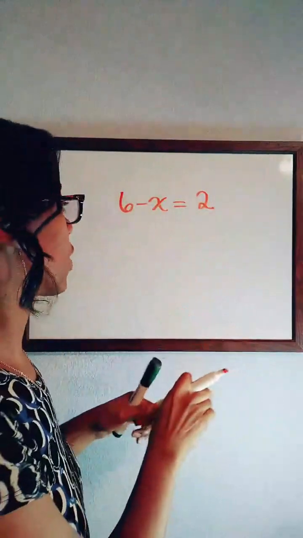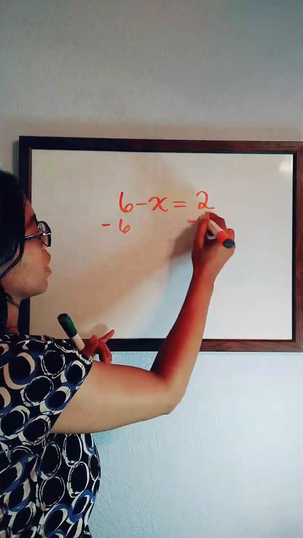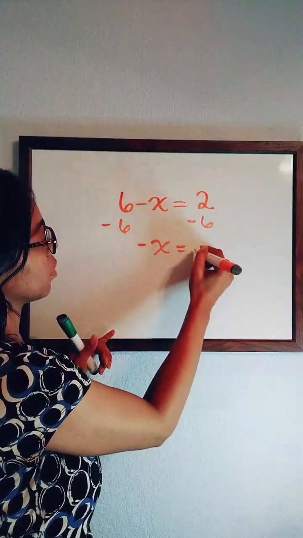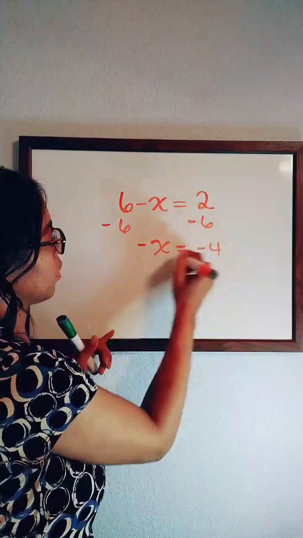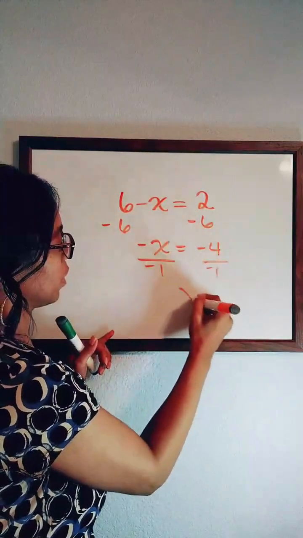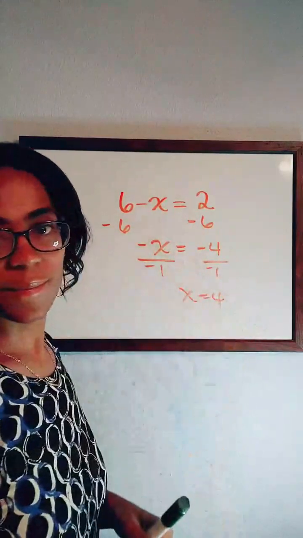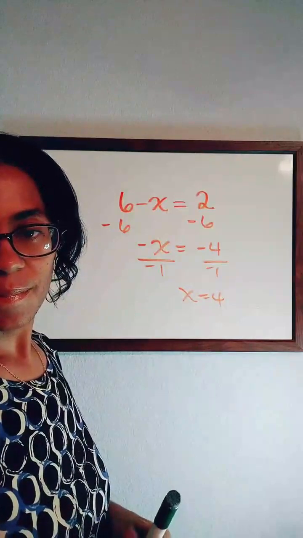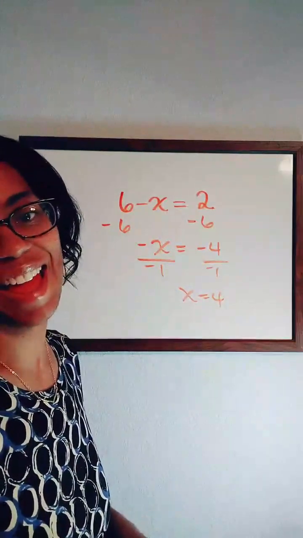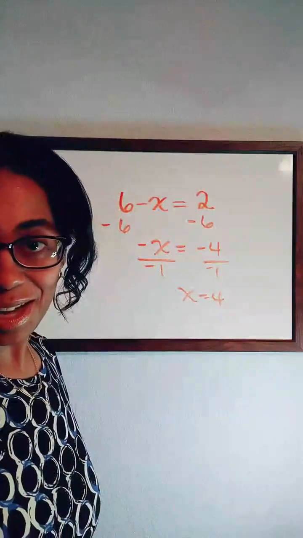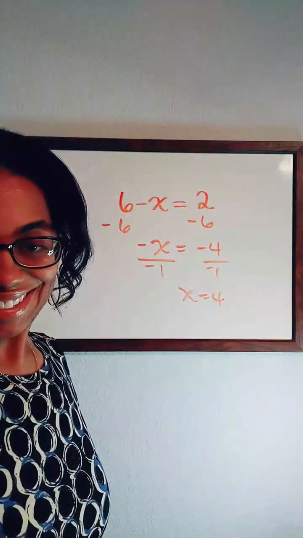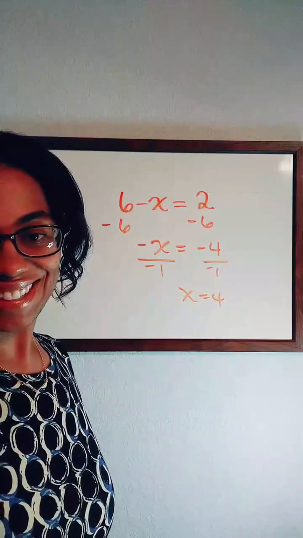Oh, so minus 6, negative x is equal to negative 4 divided by negative 1. Yeah. Oh, ha ha. You got it right. You got it right. Very good.